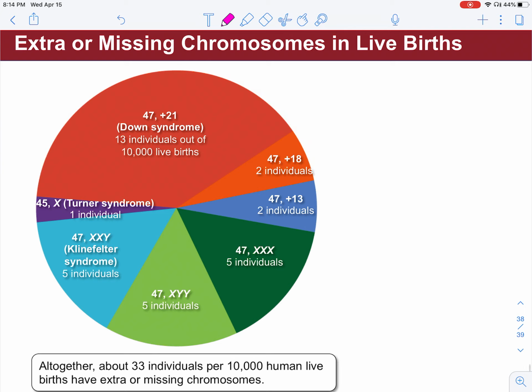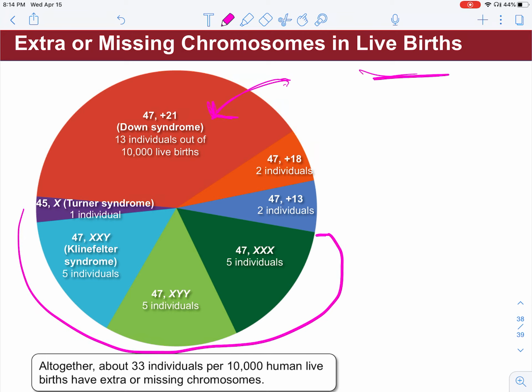And this is looking at all the live births, and we see that the majority are trisomy 21. Many of the people live born will be the trisomies of the sex chromosomes.